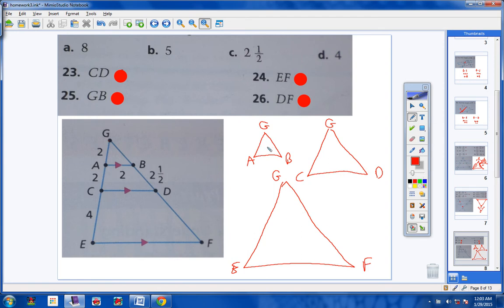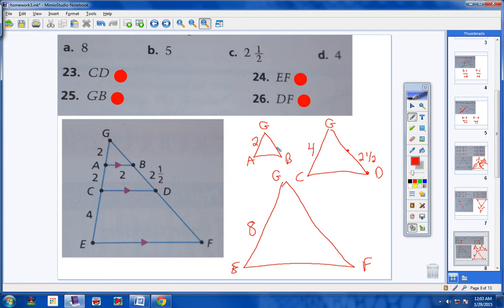This length here is 2. GC is 4 because 2 plus 2 is 4. This whole length over here is 8. And from about here to here we know is 2.5. Now all of these triangles are similar.